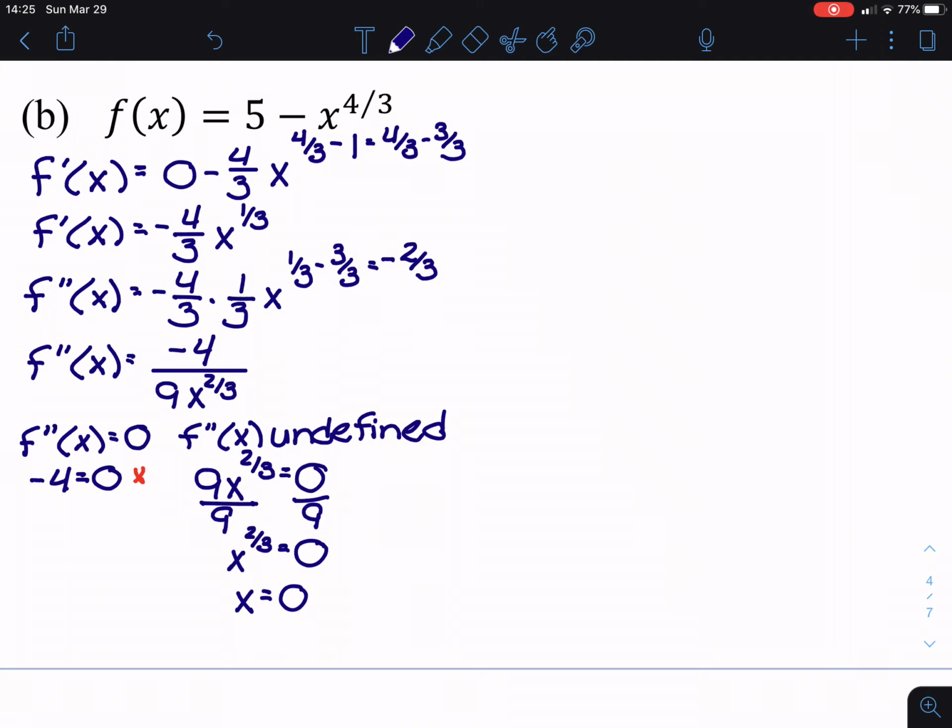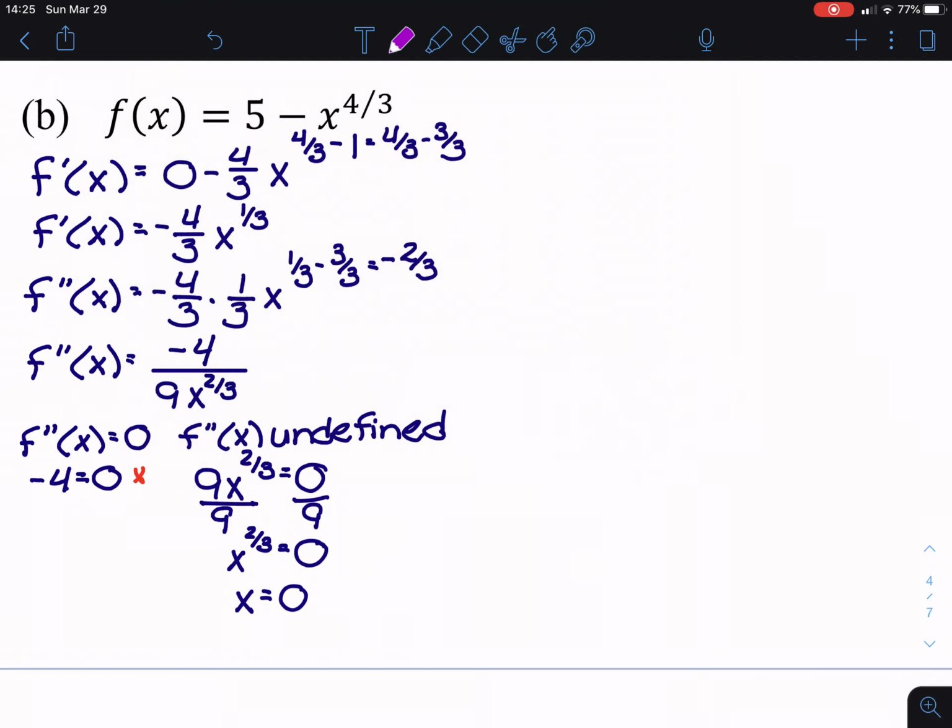Okay, so the question is, is x equals 0 in the domain of my original function? And the answer is yes. I can plug 0 into f of x because 5 minus 0 to the 4/3 is just 5 minus 0, which is 5.